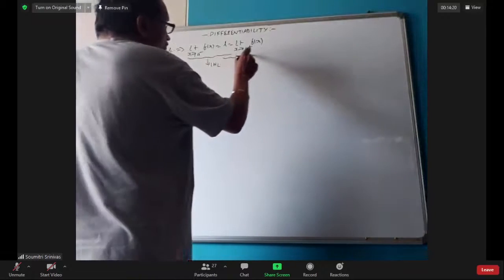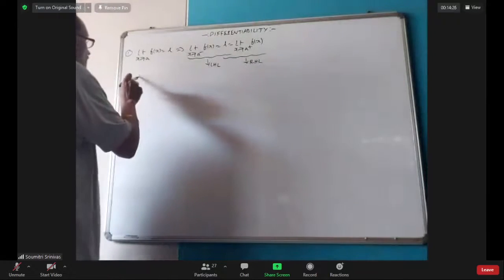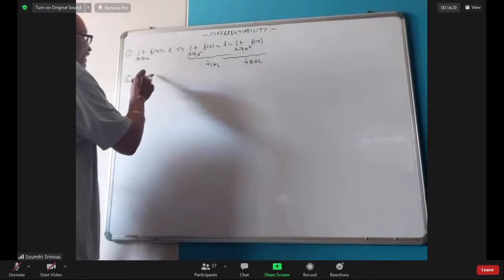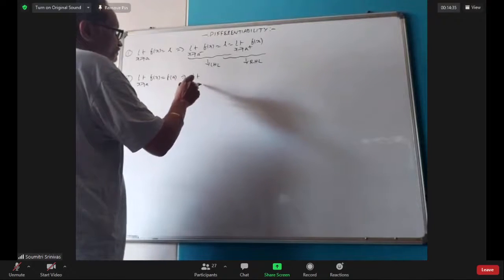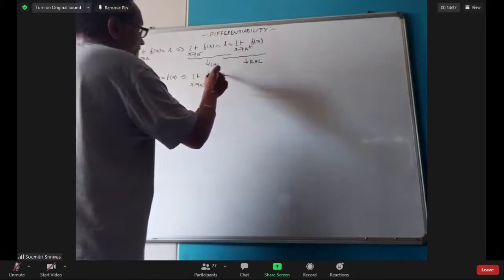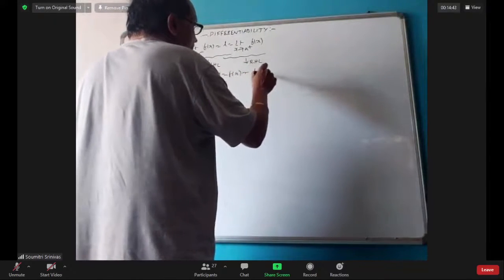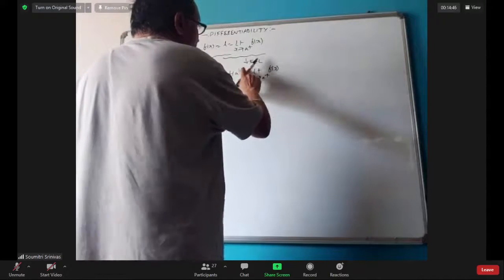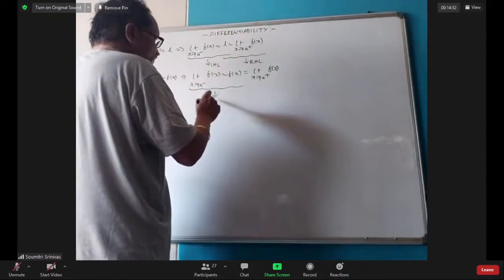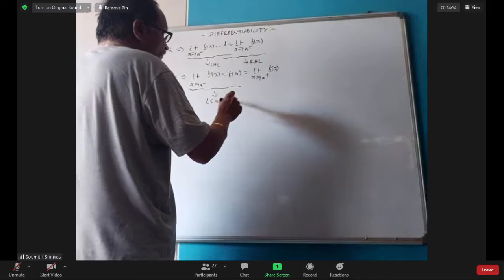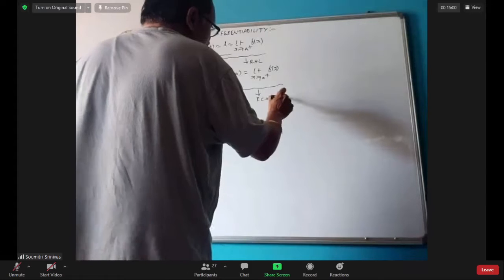Left hand. What was this called? Limit x tends to a of f(x) is equal to f(a). What is this? Left continuous at x is equal to a. What was this called? Right continuous at x is equal to a.